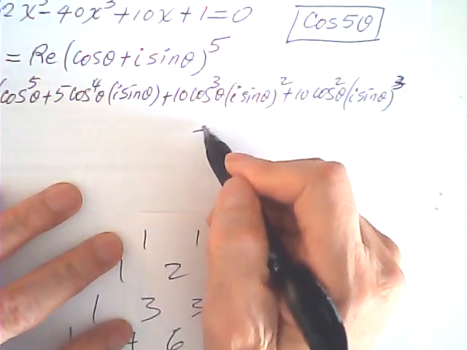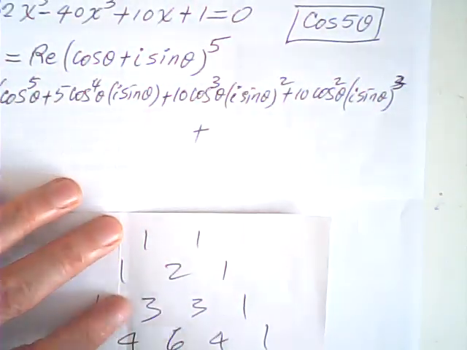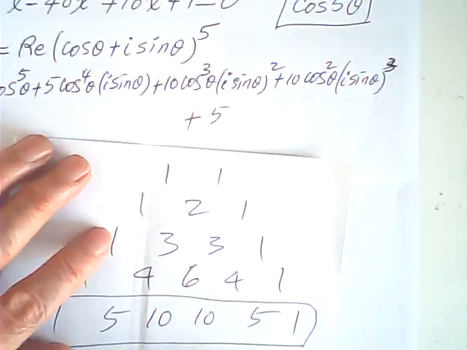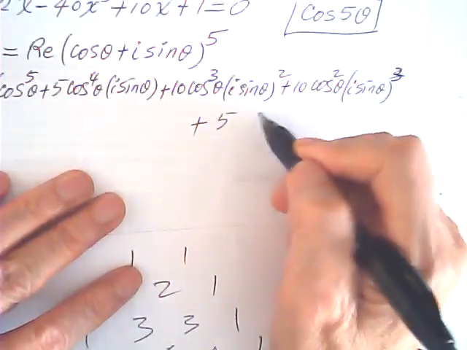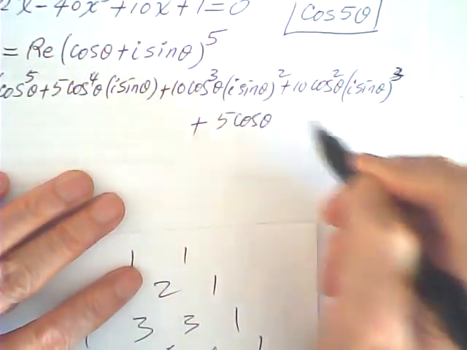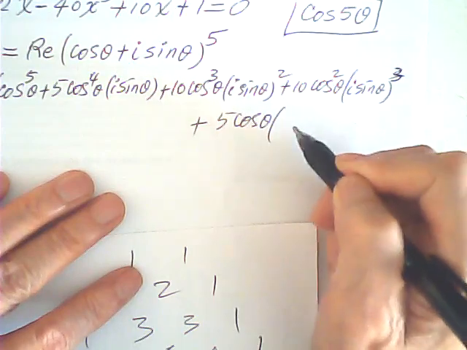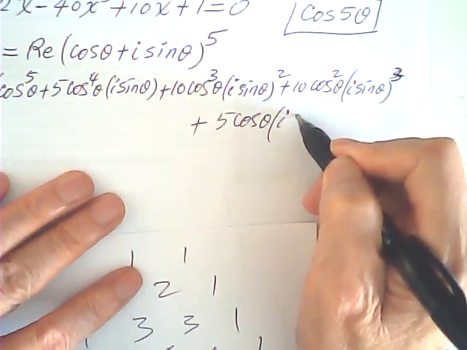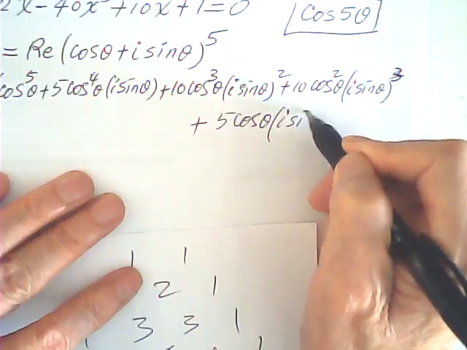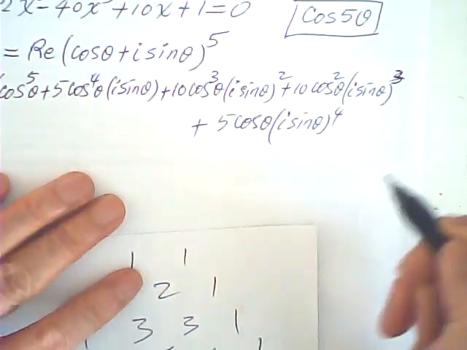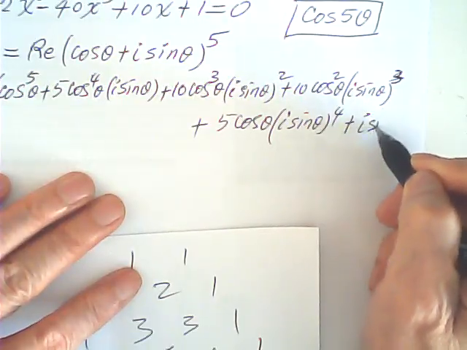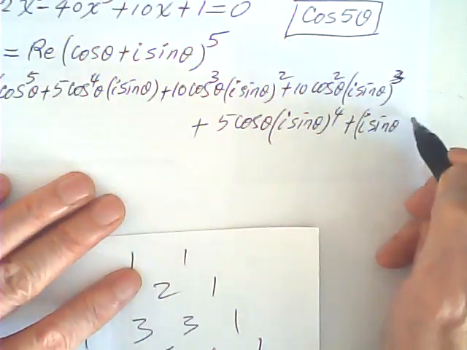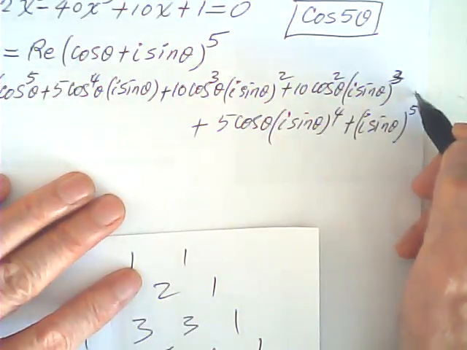And 2 more: plus 5 cosine times i sine 4th. The last one is i sine theta 5.